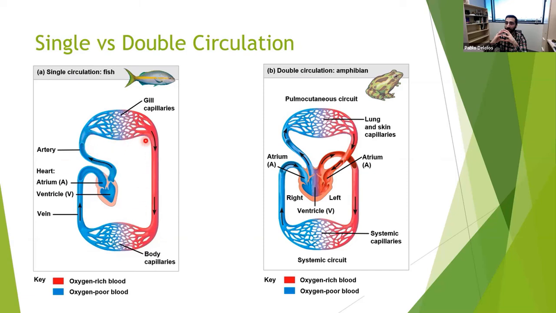So if you follow this along, it goes through one capillary bed, another capillary bed, and then it's back at the heart. Through this process, blood will acquire oxygen in the gill capillary bed, and then slowly lose it in the body capillary bed. Then it goes back to the heart and is pumped right back to those gills, where it acquires oxygen, loses it throughout the body, and goes back to the heart.